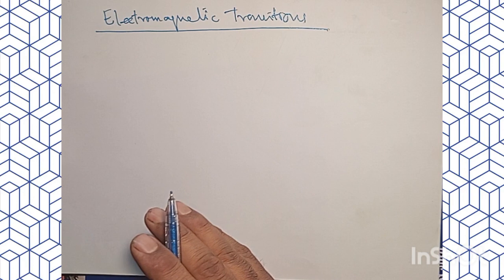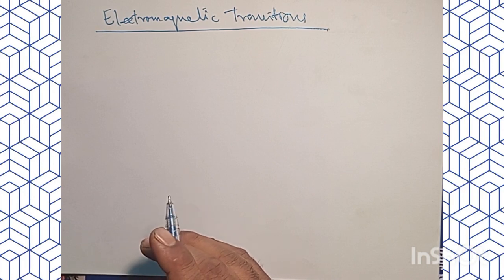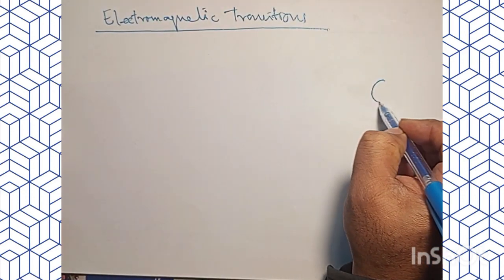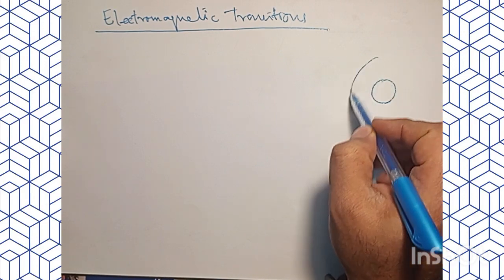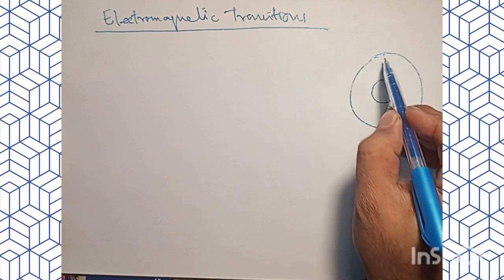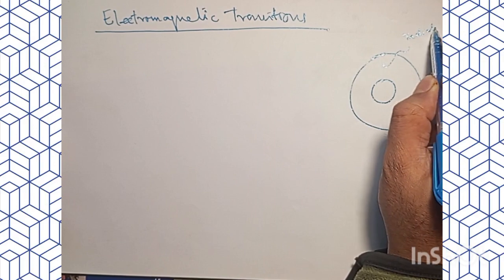We have an electron that can be in the shells of a hydrogen atom, and as we understand from Bohr's theory, once an electron makes a transition, say from a higher energy level to a lower energy level, it emits radiation. It emits electromagnetic energy.